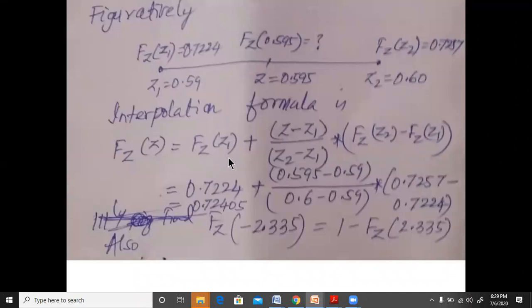So I have substituted here 0.7224 plus (0.595 minus 0.59) divided by (0.6 minus 0.59) multiplied by this quantity minus this quantity, and that turns out to be 0.72405.